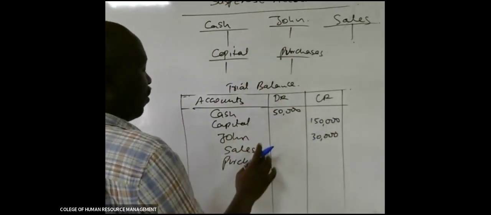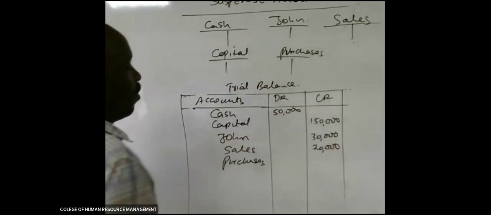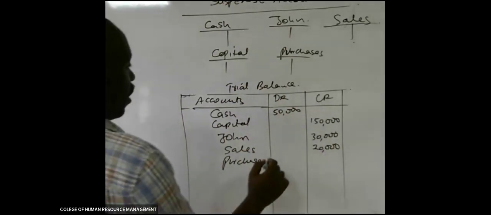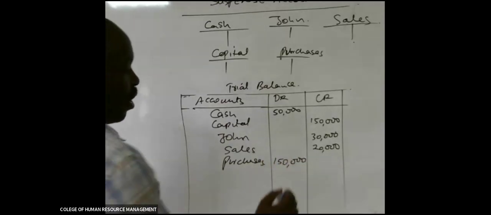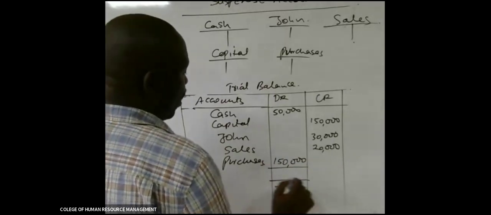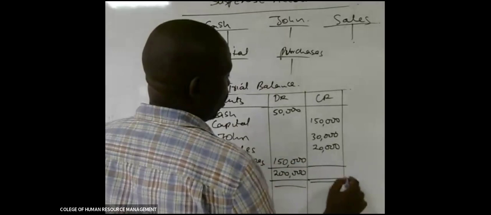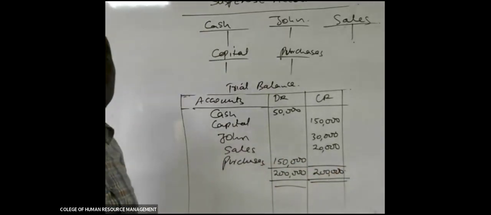Then sales, maybe 20,000. Purchases is normally captured on the debit. So if everything is well, this side has a total of 200,000 and this side has a total of 200,000. That is how a trial balance should be.